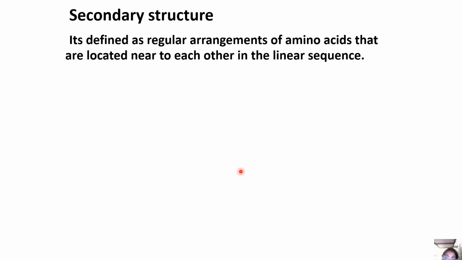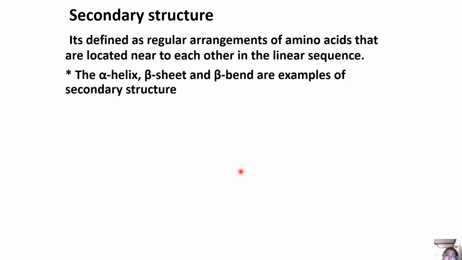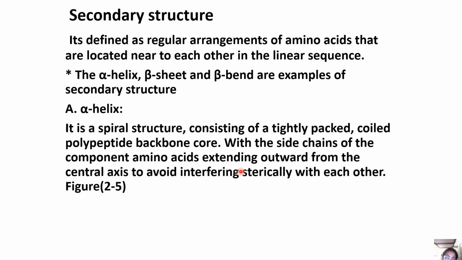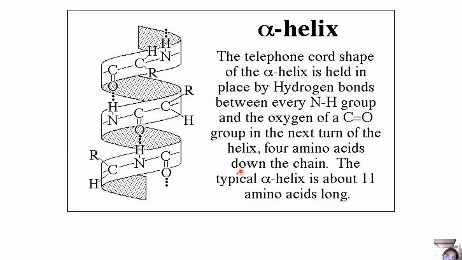Secondary structure is defined as the regular arrangement of amino acids that are located near to each other in the linear sequence. The alpha helix, the beta sheet, and the beta bend are examples of secondary structure. The alpha helix is a spiral structure consisting of a tightly packed, coiled polypeptide backbone core with the side chains of the component amino acids extending outward from the central axis to avoid interfering sterically with each other.